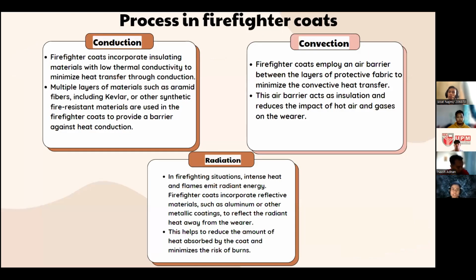Okay, for the processes in the firefighter coat, there are three: conduction, convection, and radiation.